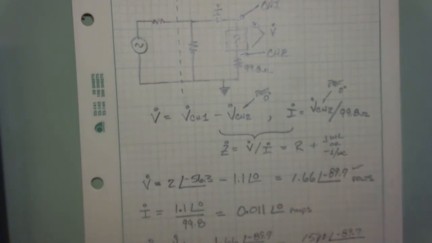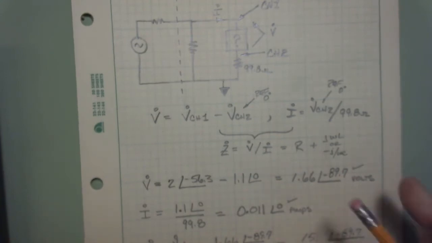Okay, so I'll double check that one. Okay, double checked that one. Yeah, I had messed up something. So that one's good, that one's good, that's good. Then I am at 150.9, so this is 151 at an angle of minus 89.7.